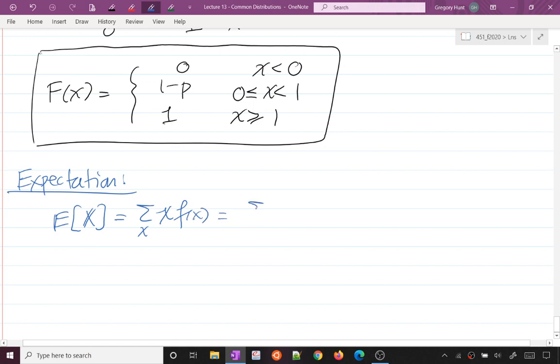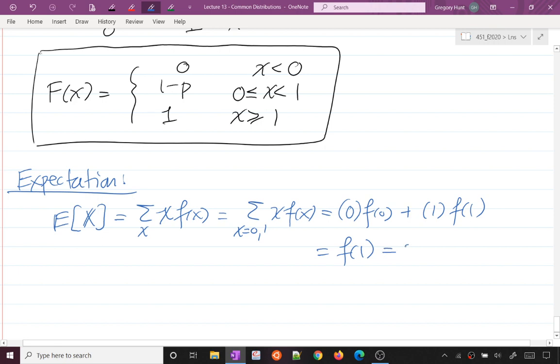But that's kind of silly. The support is just 0, 1. So the sum over x from 0 to 1 of x times f(x). So it's 0 times f(0) plus 1 times f(1). So that's just f(1), which is p.